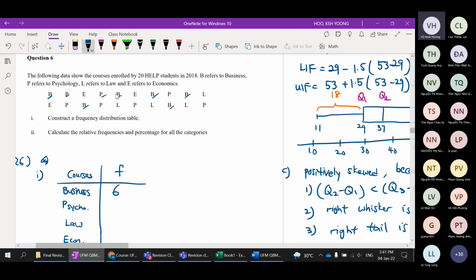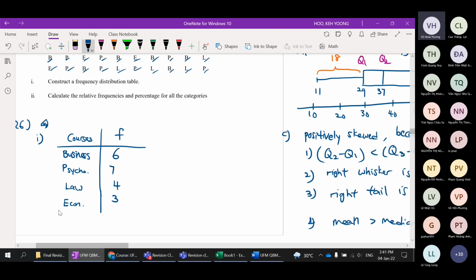Psychology, 7. Law, and last one, economics, 3. Okay, so as long as your total you get back 20, then it should be okay. Right. So this is the answer, the frequency distribution table.